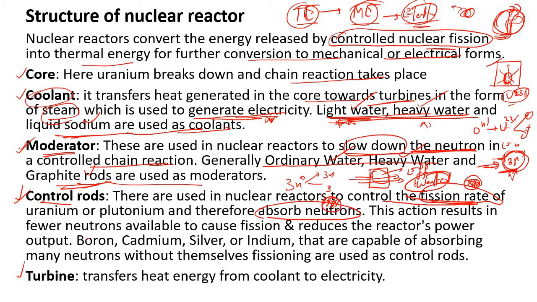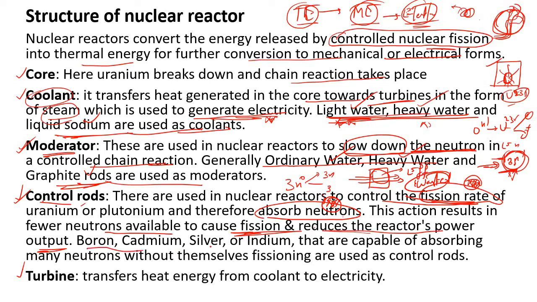This action results in fewer neutrons available to cause fission, and reduces the reactor's power output. This means we are reducing the amount of energy being released from that nuclear reactor by absorbing the neutrons using control rods.